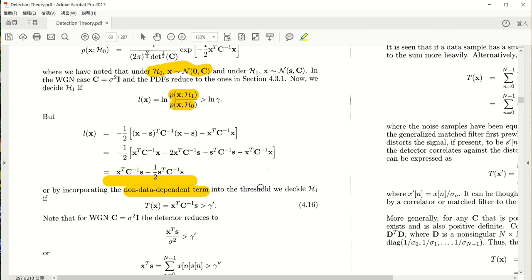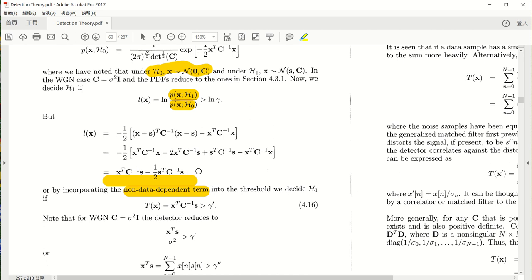How come we like to do that? As we said, if this is something we know a priori, we don't have to bother ourselves by putting this term here. We can just put it into the threshold, because the threshold is the thing we are trying to decide, right?